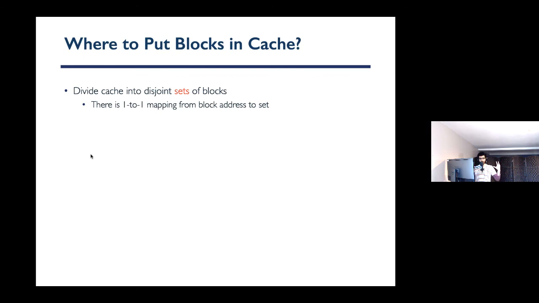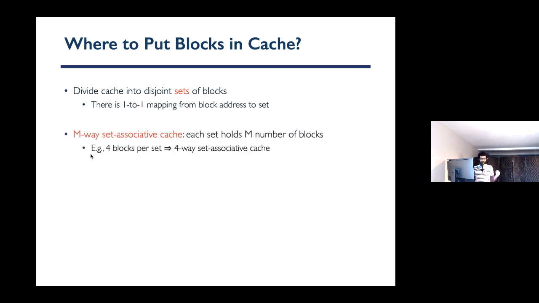Each set has some blocks, and another set has another set of blocks, and these sets of blocks are disjoint. So that's how we're going to create sets in our cache.